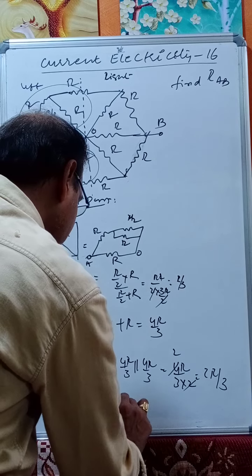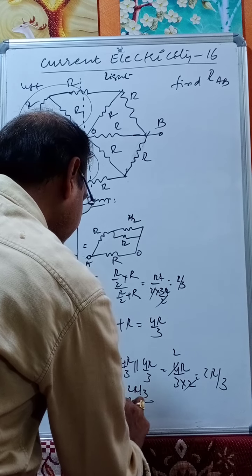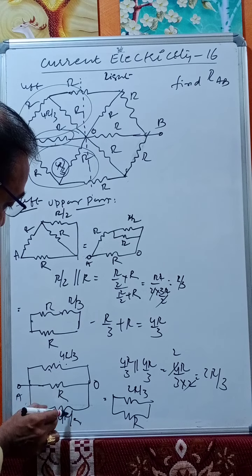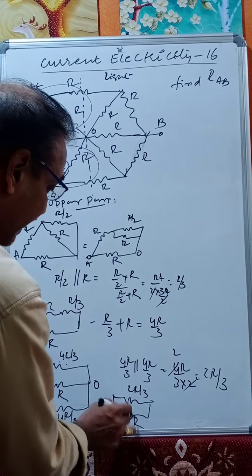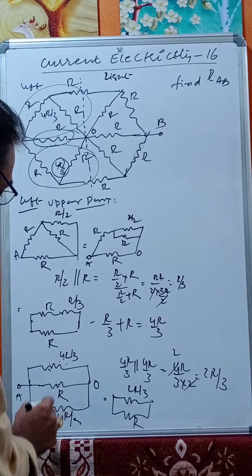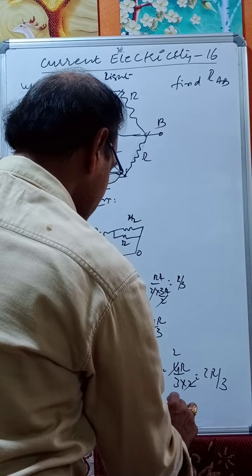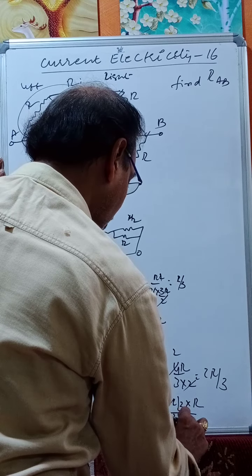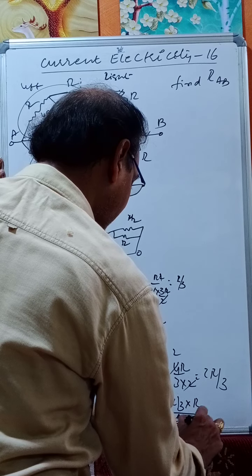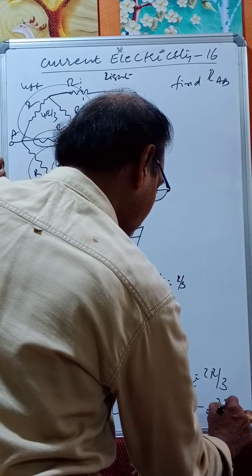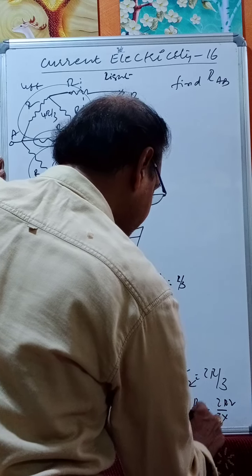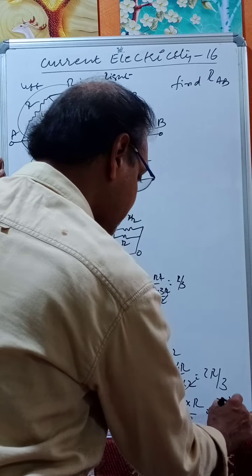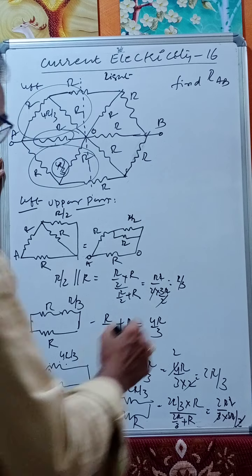Now this equals 2R by 3 in parallel with R. Therefore this is equivalent to (2R by 3 into R) by (2R by 3 plus R), which equals 2R square by 3 into 5R by 3. The 3 gets cancelled, R gets cancelled. This becomes 2R by 5.